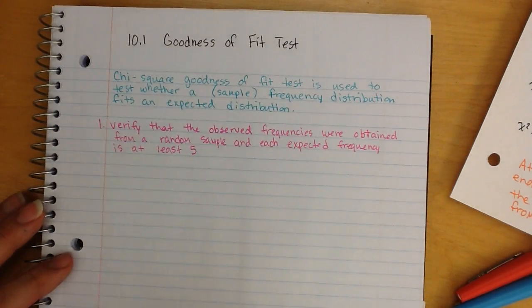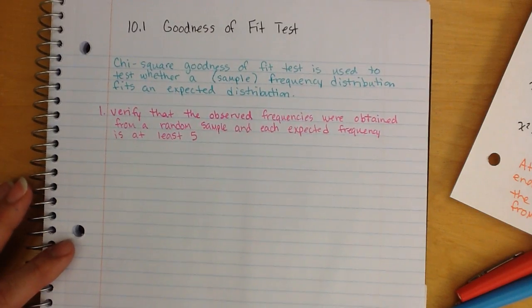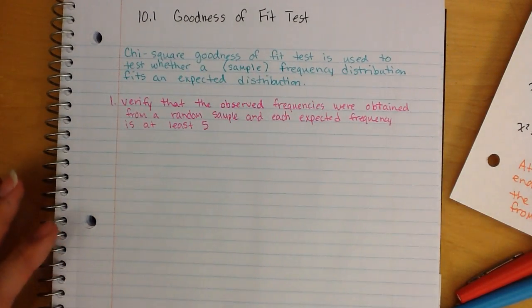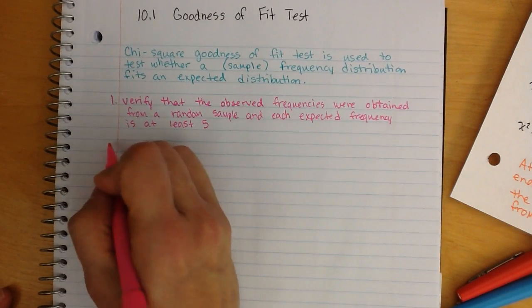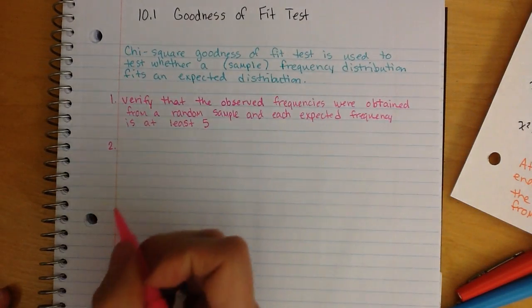The expected frequency comes from a previously stated distribution. We'll see it in our example.